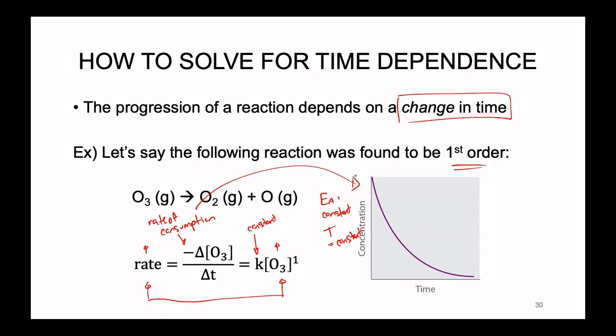And so our goal is going to be to rearrange our equation that has the rate of consumption to remove the change in time variable to give us simply a time variable.